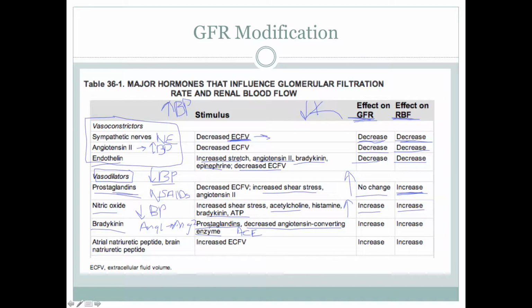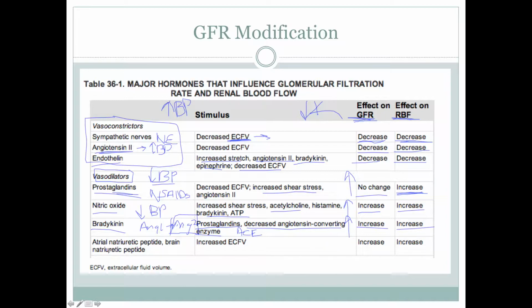Because Ang2 is only supposed to be around when you're dying. It's supposed to keep you alive. So an ACE inhibitor would mean that you're lowering angiotensin 2 and then lowering the blood pressure. So anyways, bradykinin can be stimulated by all those things. It's a vasodilator. So those products will increase renal blood flow and glomerular filtration rate.